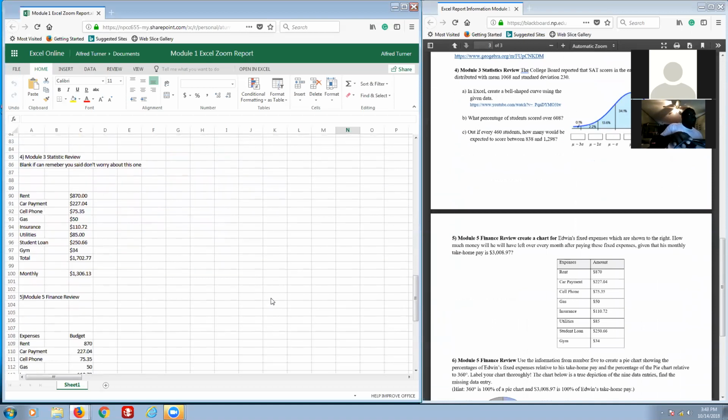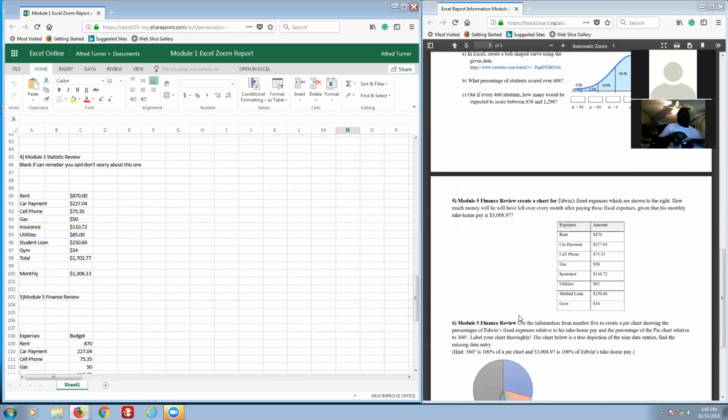Number 5, finance review. Create a chart for how much money you will have left over every month after paying these fixed expenses, given that his monthly take-home pay is $3,008.97.